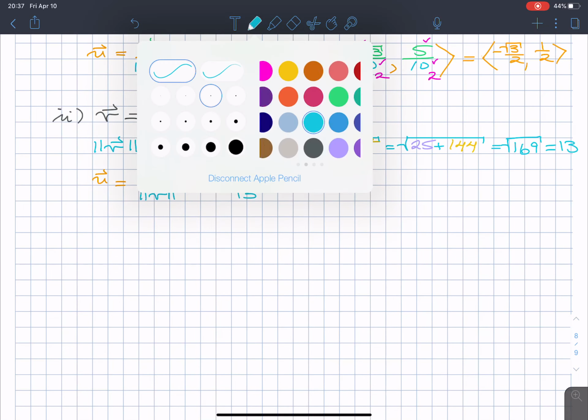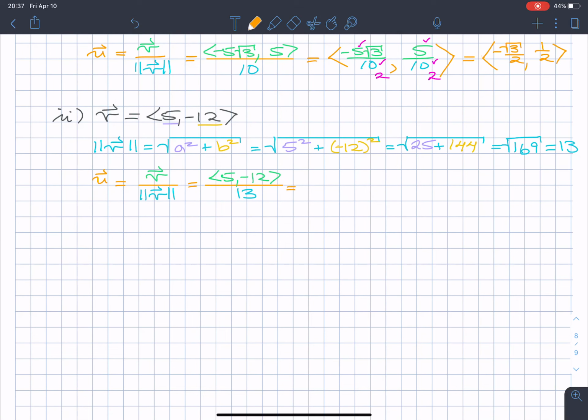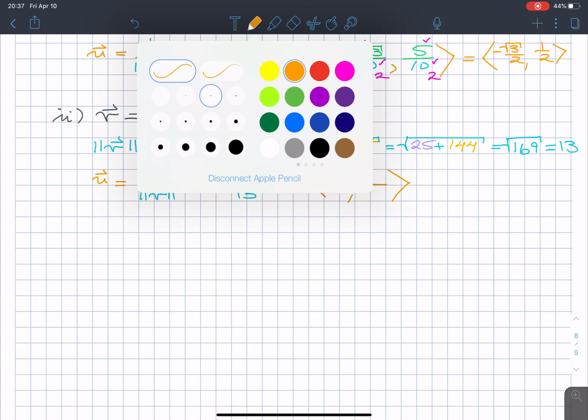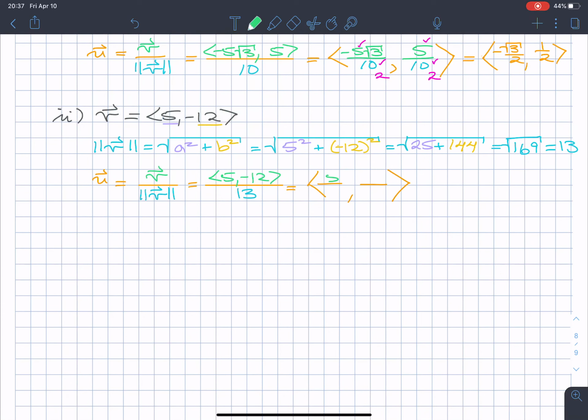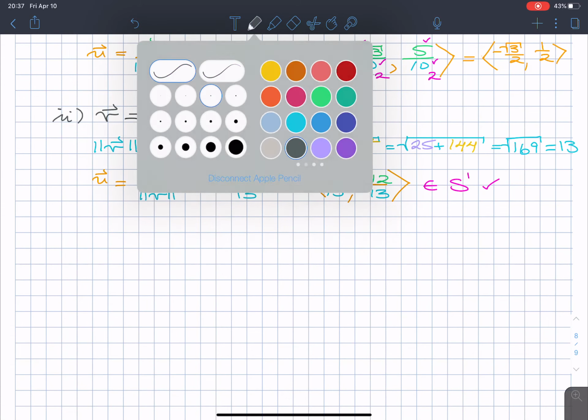That means I can push 13 into each component. So this gives me 5 and negative 12 both divided by 13. And yes, this is on the unit circle because it's a 5, 12, 13 right triangle. Okay, let's do another one.